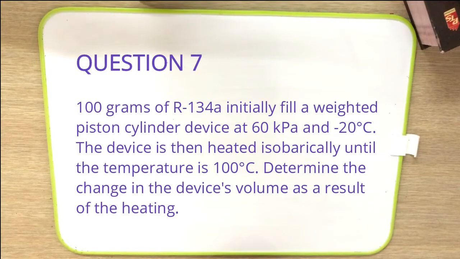Now question number 7. 100 grams of R134A initially fill a weighted piston cylinder device at 60 kilopascal and -20 degrees C. The device is then heated isobarically until the temperature is 100 degrees C. Determine the change in the device volume as a result of the heating.